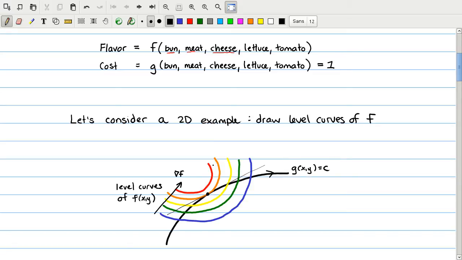That must be the point of tangency, and so this turns out to be the maximum point. This condition tells us that we've reached a possible extreme value. This becomes the new critical point condition for a problem with constraints: the level curves of f must be tangent to the constraint curve.